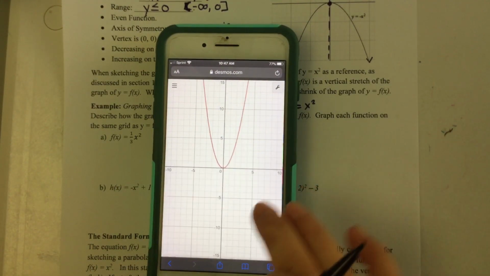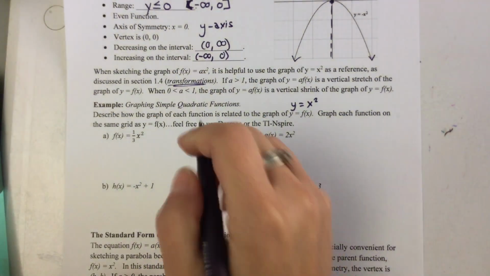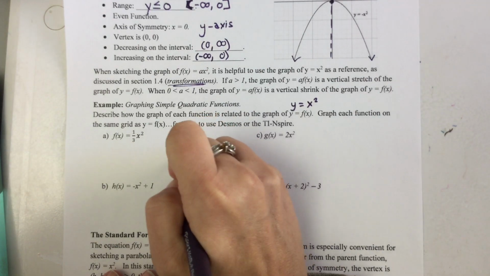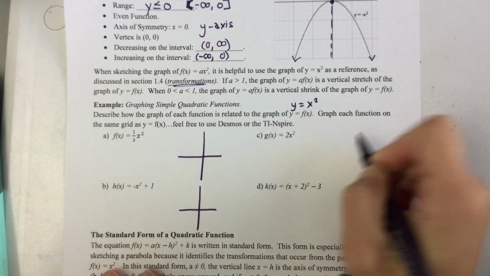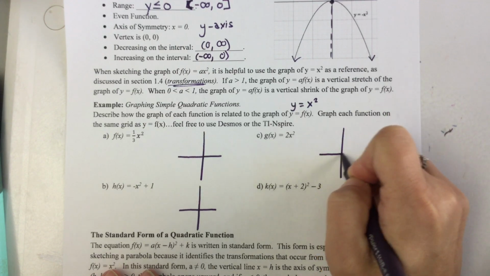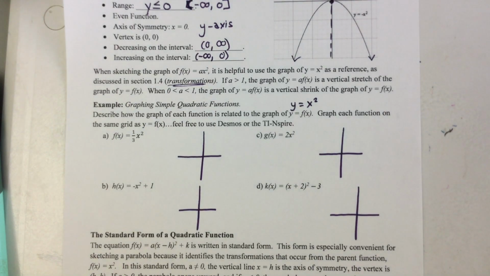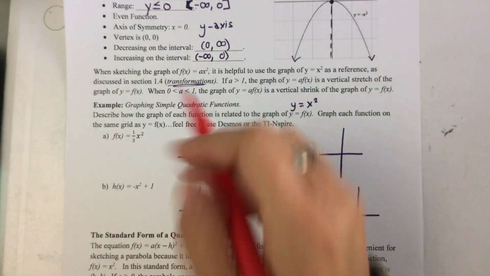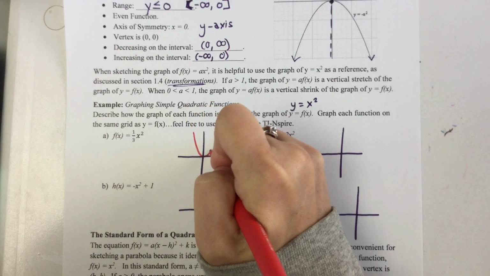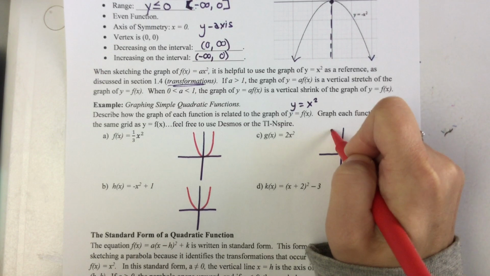I'm going to graph that on every single grid because they want us to graph the new one as well as the parent function. So let's just go ahead, grab your notes, sketch with me because this is so much fun. Go ahead and graph the parent function that looks like this. Okay, so here's the parent function. I'm going to graph that in red because that's going to be easier to compare.